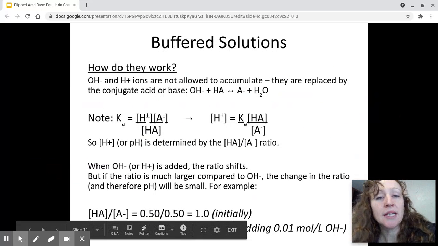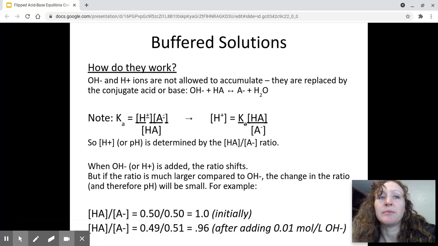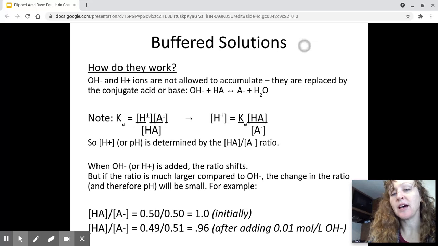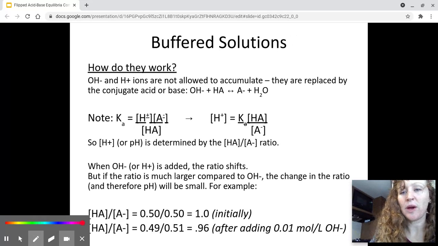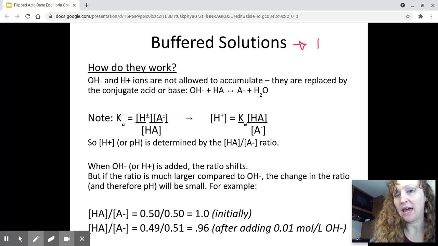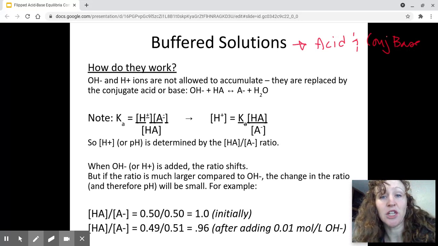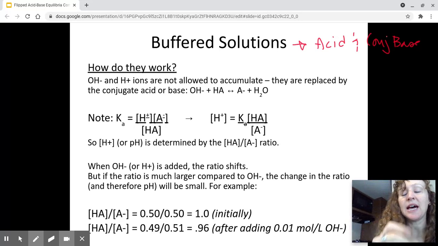We talked about buffers, and how they work conceptually. Now I want to show you the math behind that explanation. Buffered solutions are solutions where you have both an acid and its conjugate base present, or a base and its conjugate acid present.